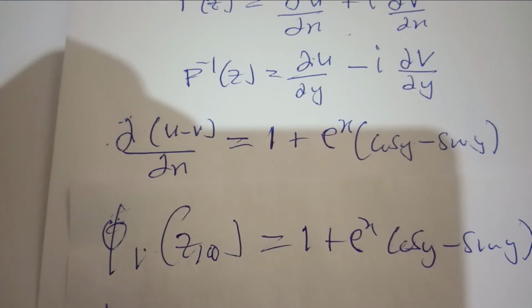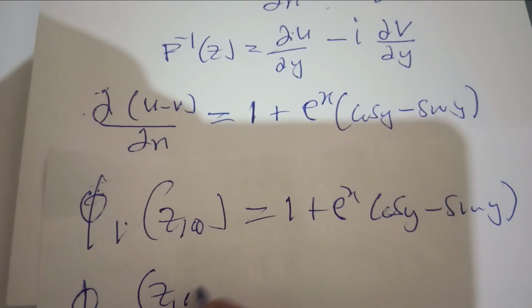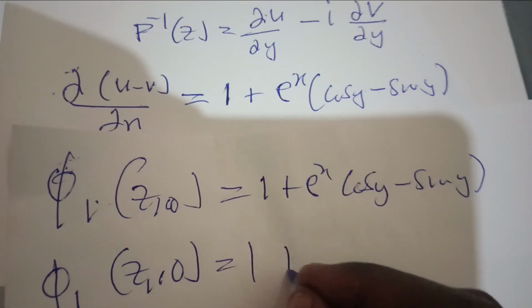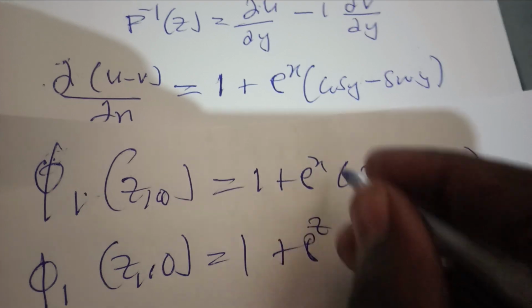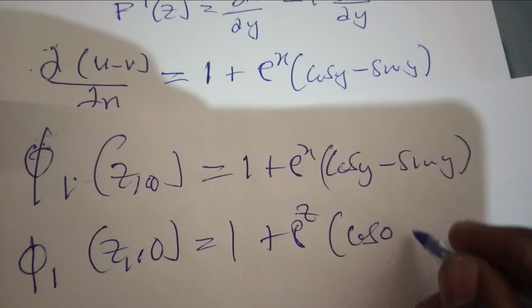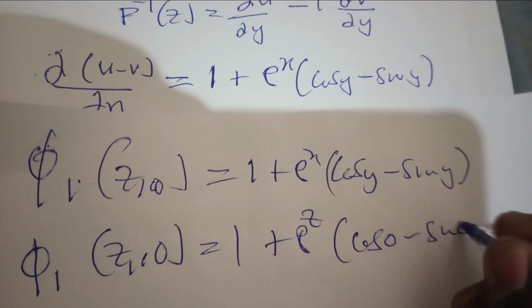So phi 1 of (z, 0) is equal to 1 plus e to the power z, cos 0 minus sin 0.